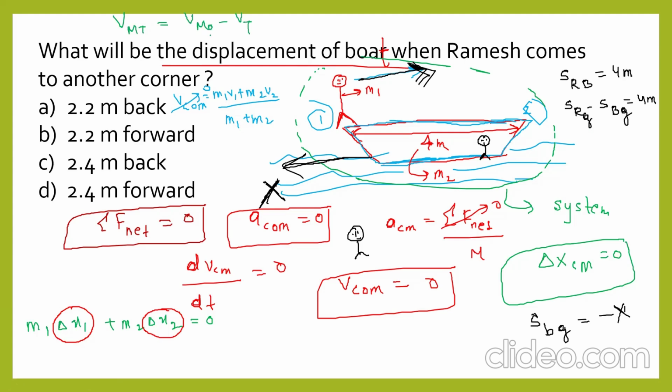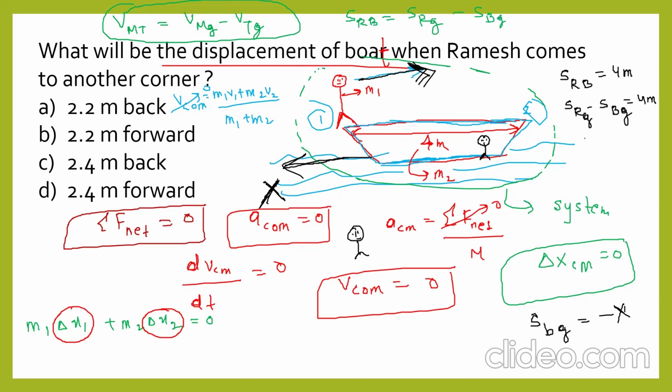This is the relative velocity concept. You can also solve by the third law of motion: for every action, there is an equal and opposite reaction. If he is going in the forward direction, the reaction will be back. So the displacement of Ramesh with respect to boat we can write like this: S_R minus S_B. We can take ground here. I explained this relative velocity concept.